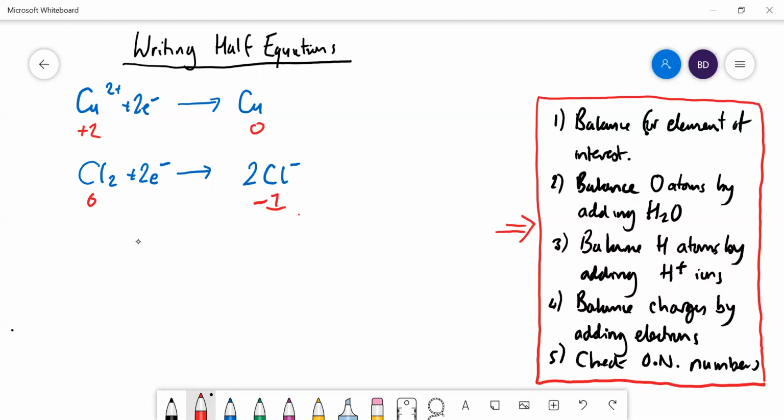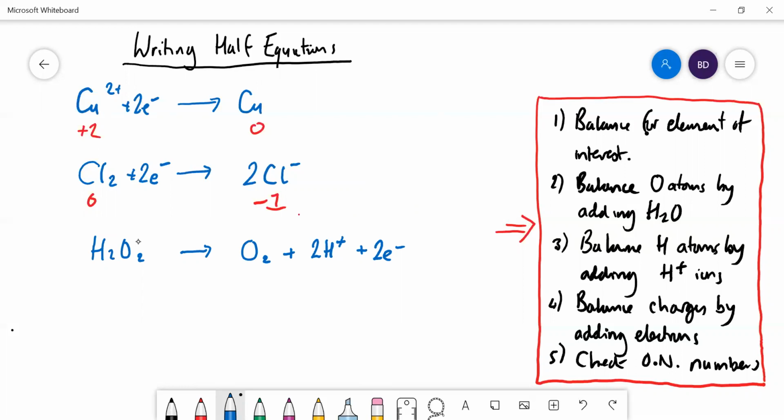That's very straightforward. You might see another one, which is a bit more difficult, say something like hydrogen peroxide goes to oxygen, 2H+ and 2e-. Okay, so that is less familiar to us.